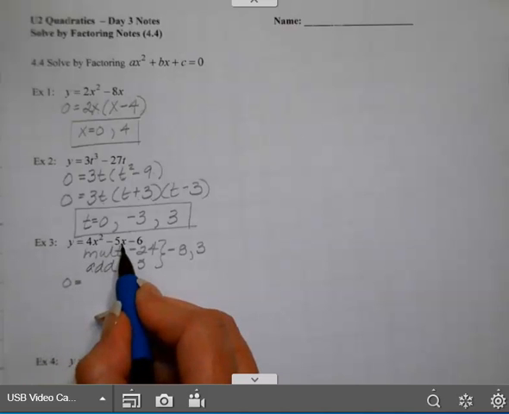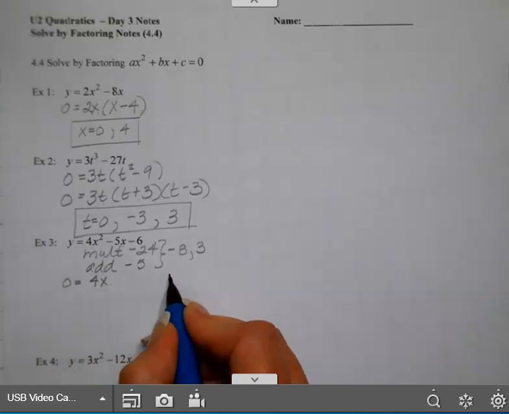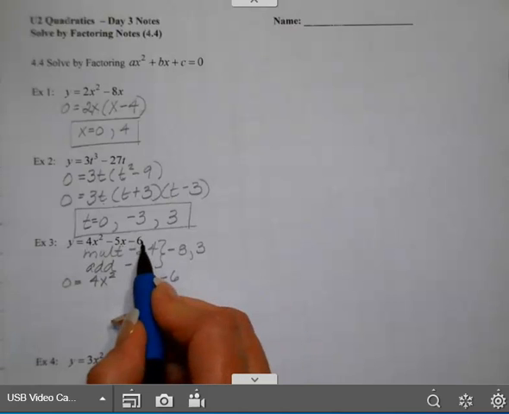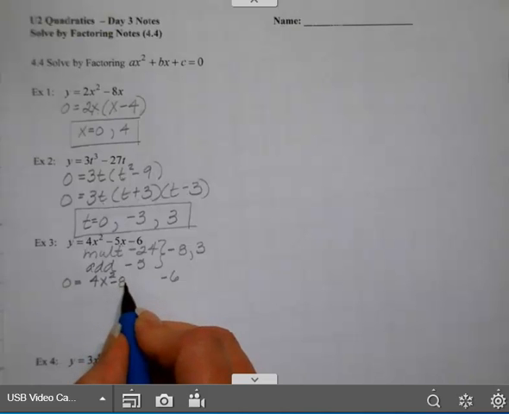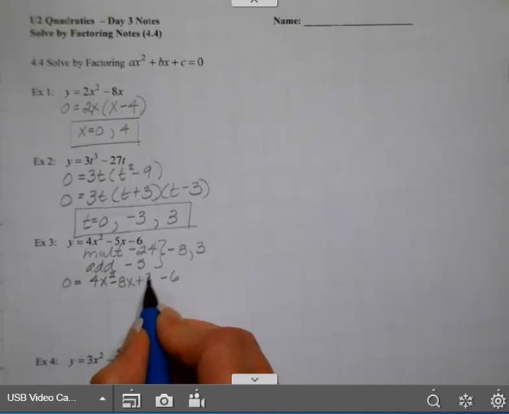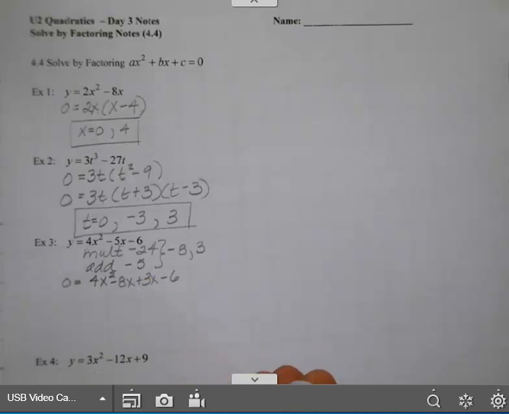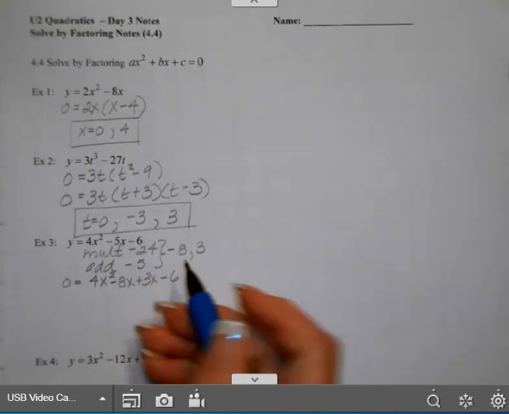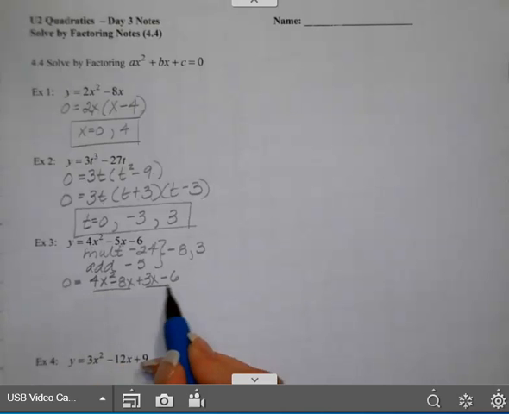And I'm going to split the negative 5x term. So my 4x squared and my minus 6 are still in the problem. But instead of writing negative 5x, I'm going to write negative 8x and plus 3x. That would still give me that negative 5x, but I'm splitting that middle term. So we're on split the middle if you're looking at your factor sheet.